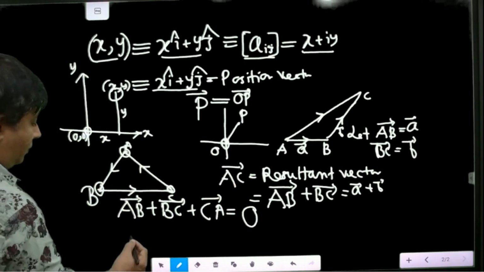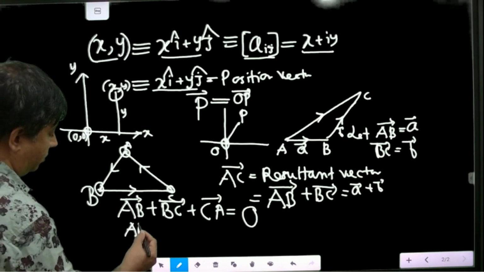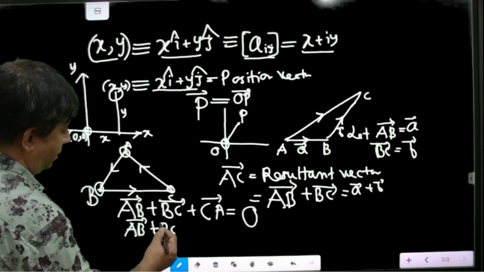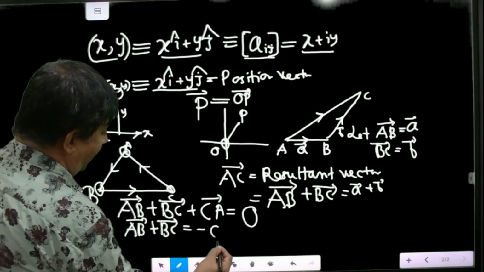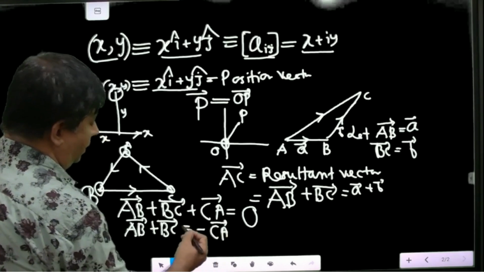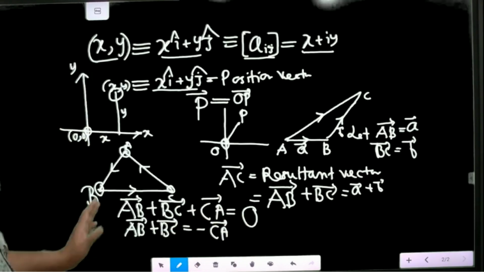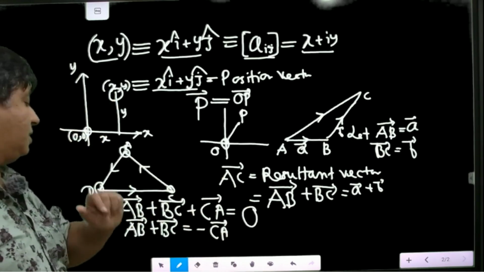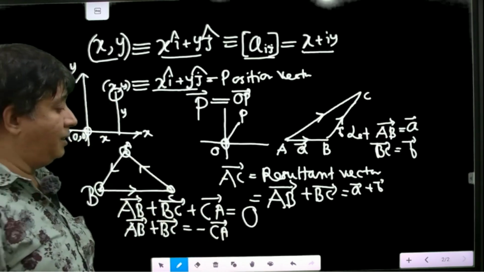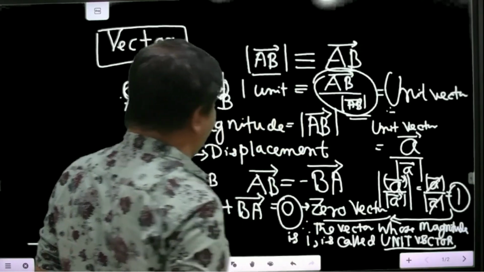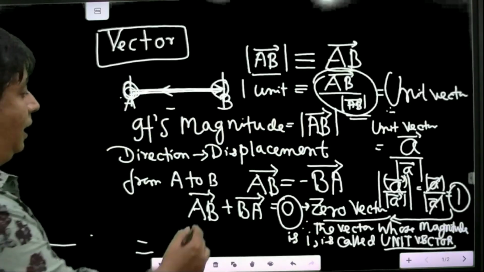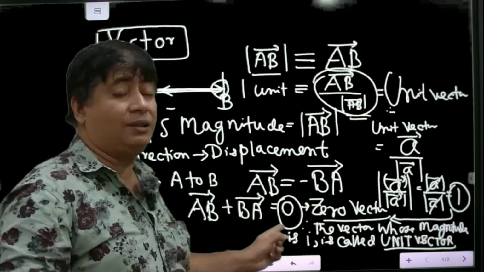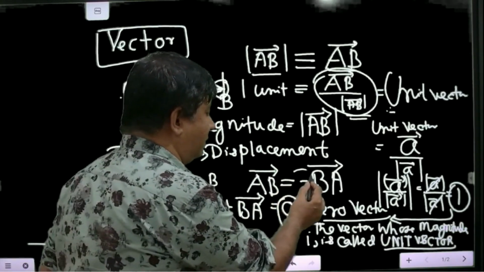Okay. Now, AB plus BC will be minus CA if I change the sign of one of these three vectors. So what about minus CA? Few minutes back we saw that AB and BA are the same by magnitude, but they differ by a minus sign.